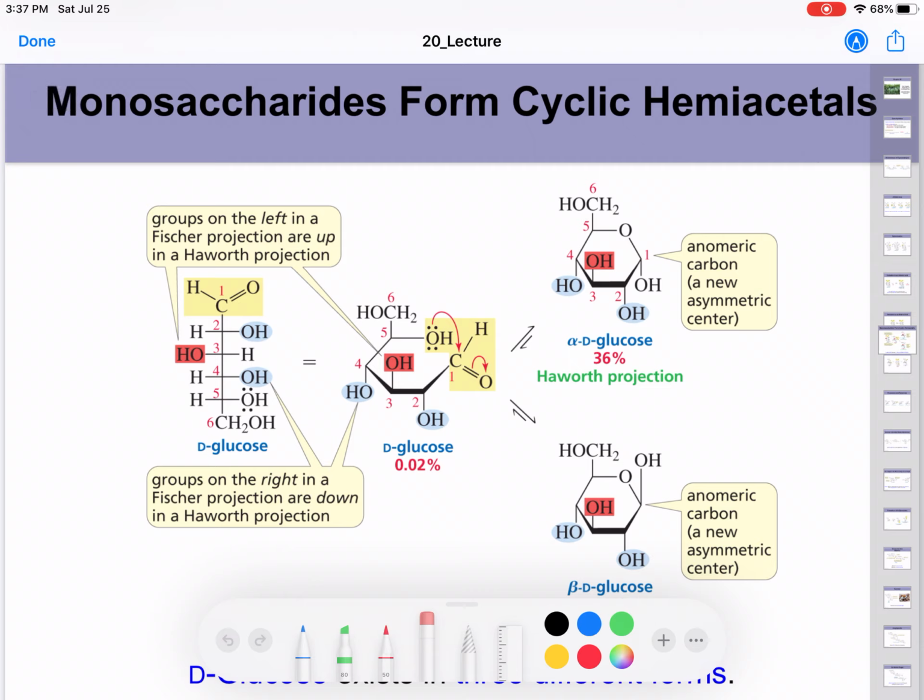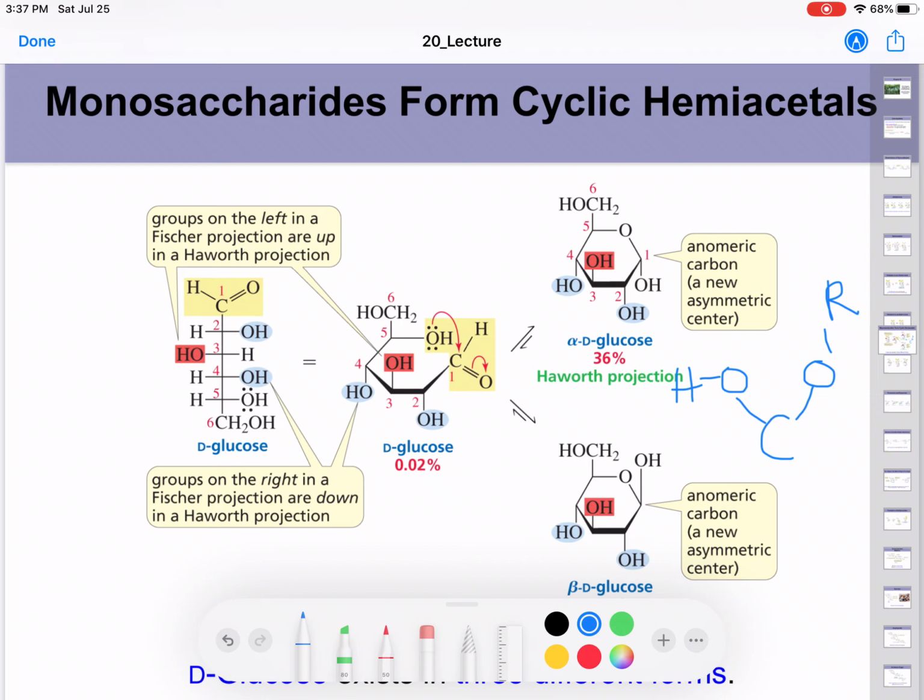Hemiacetals are when you have a carbon and oxygen, with a hydrogen, an alcohol, on one side, and an alkoxy group on the other. So those are hemiacetals.